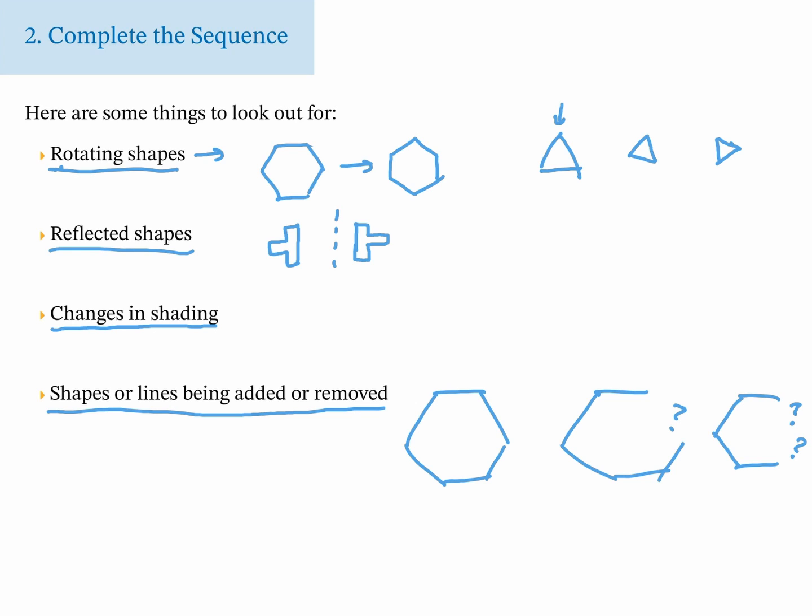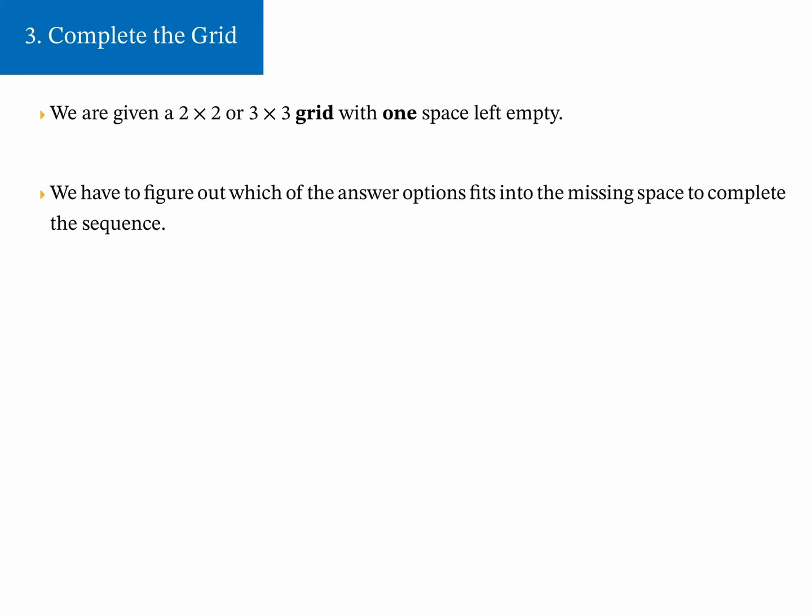So we've taken a look at complete the sequence questions, which means we're going to now take a look at another question type. It's called complete the grid. Here's what we need to look out for. In complete the grid style questions, we will be given a grid, either a 2x2 grid or a 3x3 grid.